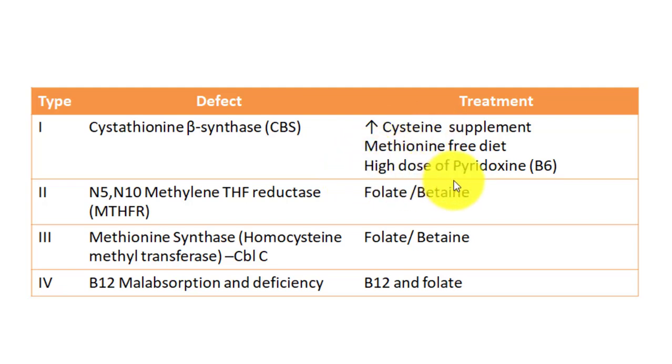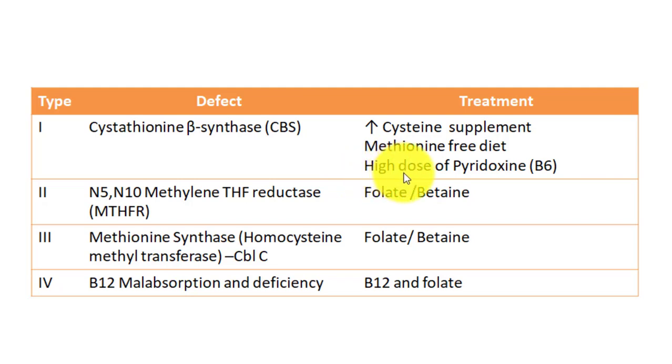And third, this is a very important point. In the question, what treatment would have prevented the condition? The answer is a high dose of pyridoxine, more than 50 mg. Generally our daily requirement of pyridoxine is less than 5 mg, but in this condition pyridoxine is given in an amount more than 50 mg, and that will treat such patients.